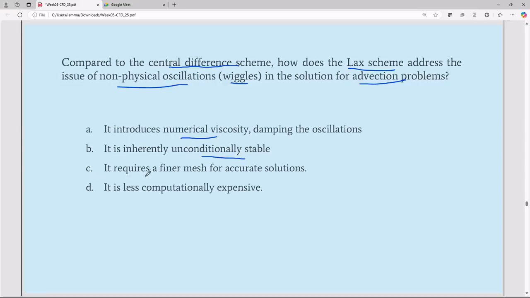Option C, it requires finer mesh for accurate solutions. Option D, it is less computationally expensive. So which among the following is the advantage of Lax scheme over central differencing scheme for addressing the issue of non-physical oscillations for advection problems? You can inbox your answers.